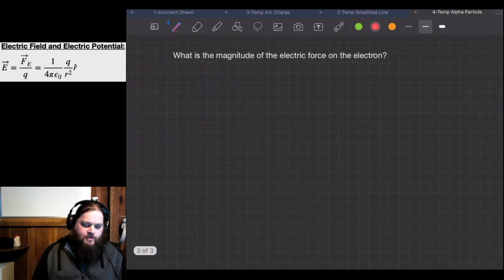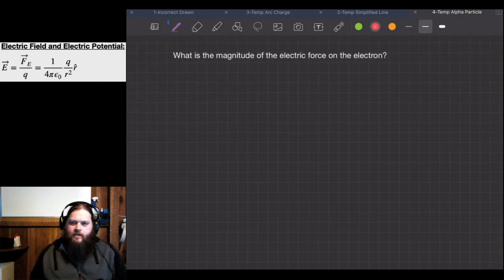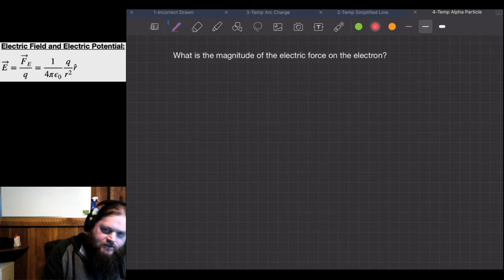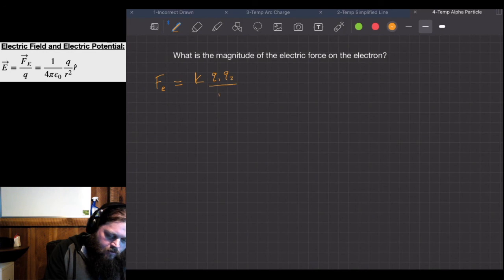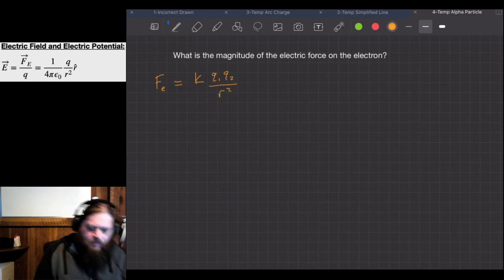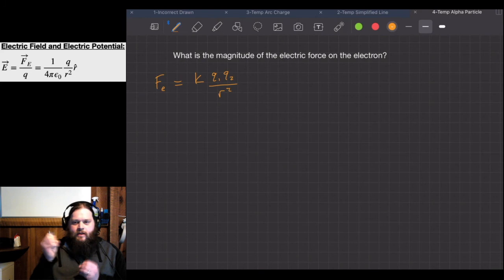The next question we're going to have on that same topic is what is the magnitude of the electric force on the electron? Well, now we have to use not just the electric field equation, but the force. So the force electric is equal to K Q1 Q2 over R squared. Same thing as the electric field, but now we're adding two charged particles.